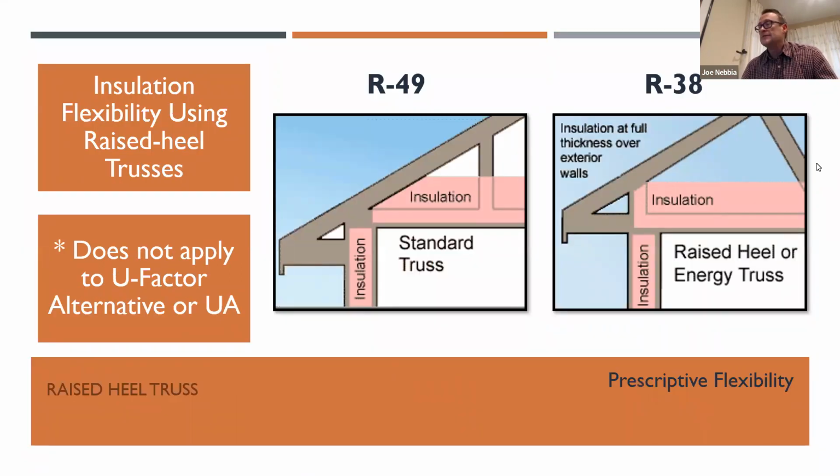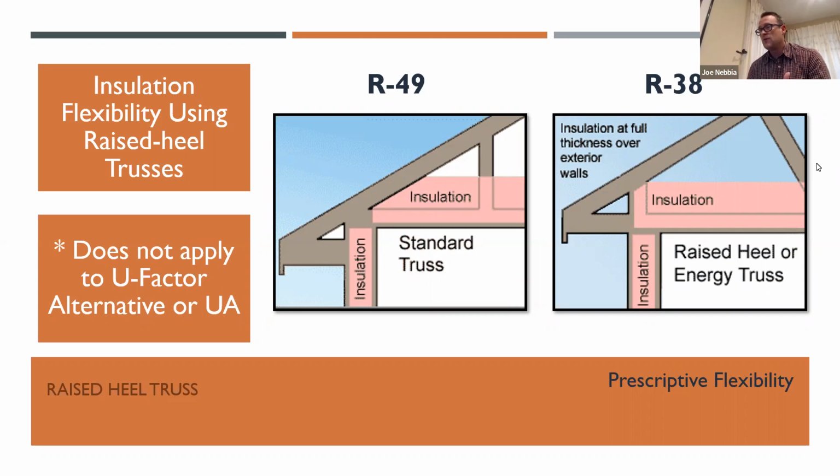One way that you have some flexibility in the code, so I talked about the R value and U value tables, and that's kind of telling you what you have to put in. But the code does allow some flexibility even beyond having those two options. And one of those main ways that the code provides flexibility is for attic insulation.